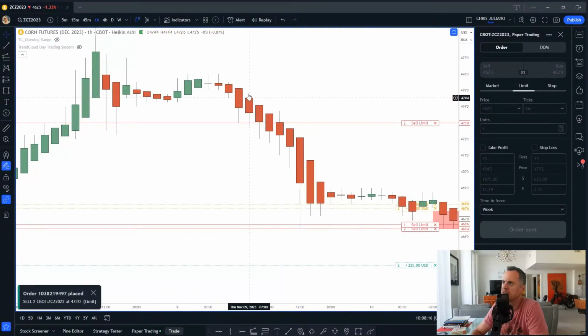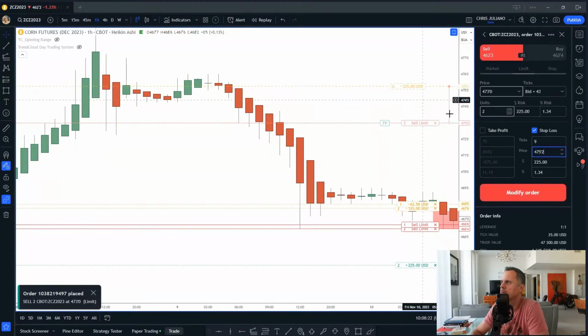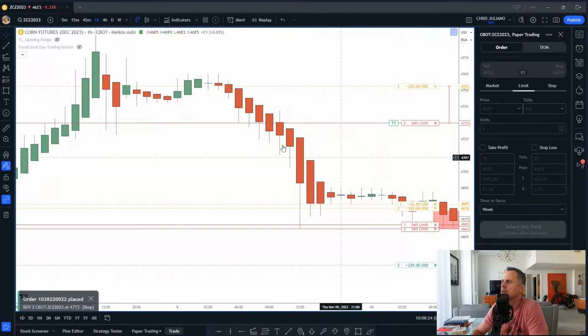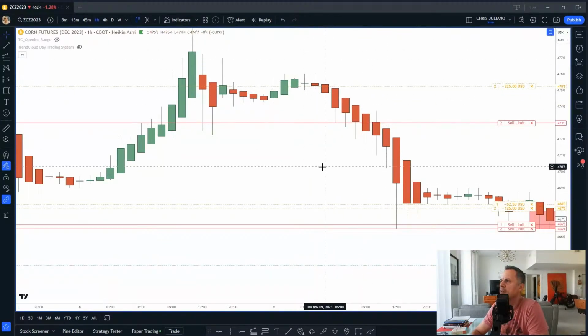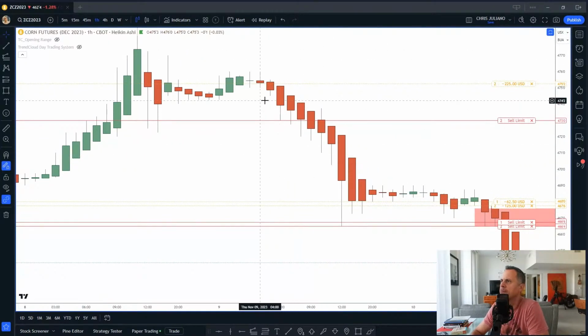This is the entry candle because it only has 1 wick, and your stop loss would go there. That's how you take an entry on a Heikin-Ashi candle.